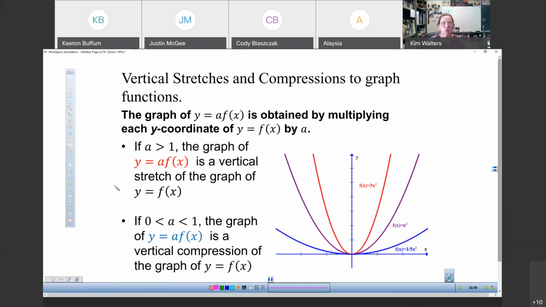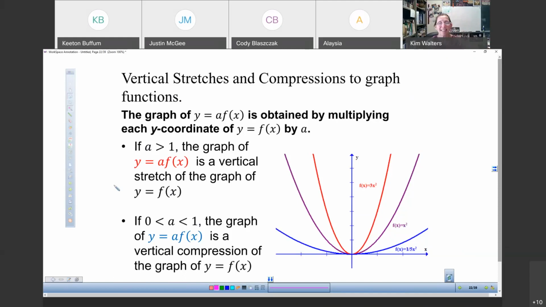front. So if you look at the graph over here, the graph of x squared is the purple one, and when I multiply x squared by a positive 3, now we're not talking about any negatives here, we're just talking about multiplying by positives. The negatives are going to flip it upside down. When I multiply by a positive 3, it stretches it.